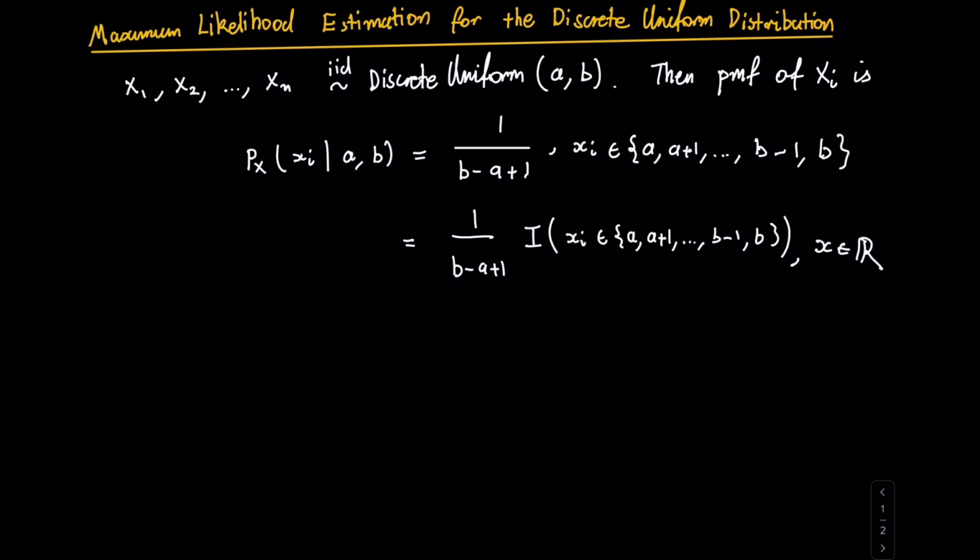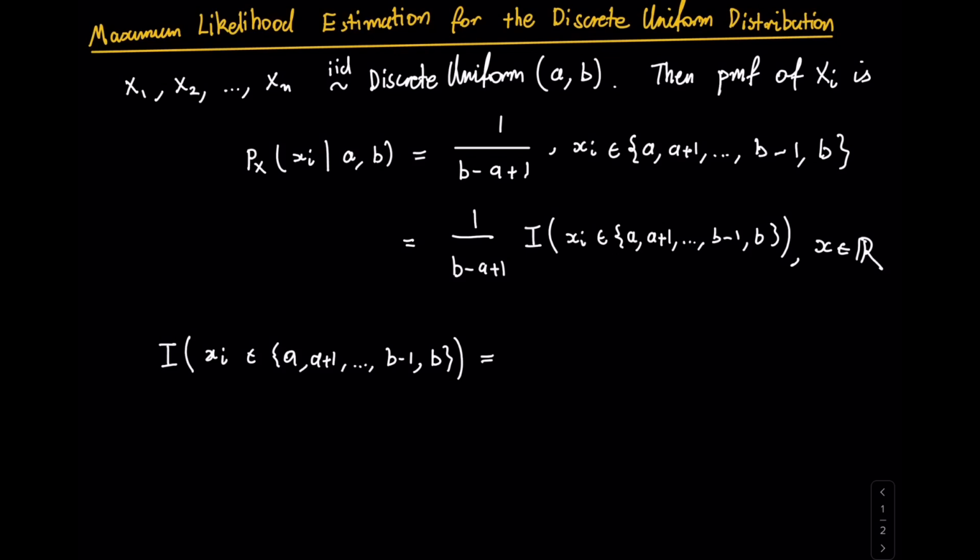Let me rewrite that a little bit neater: xi is an element of {a, a plus 1, ..., b minus 1, b}.